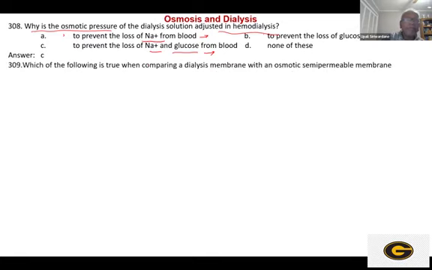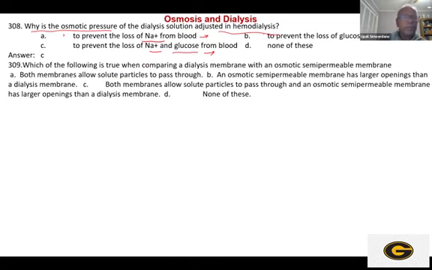Which of the following is true when comparing dialysis membrane to osmotic membrane? Both membranes allow solute particles to pass through. An osmotic membrane has larger opening than dialysis membrane.